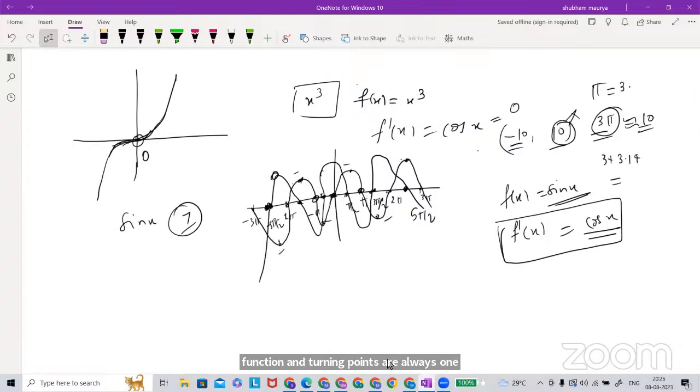By that, in this case it will always be 1. But that is applied only for polynomials, no? In this case it worked, but in other cases it may not work. That's what I want to clarify.